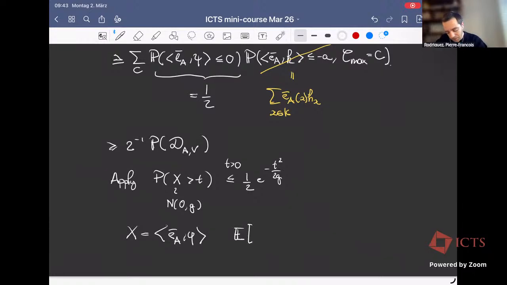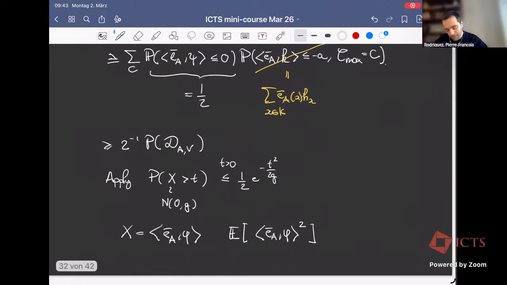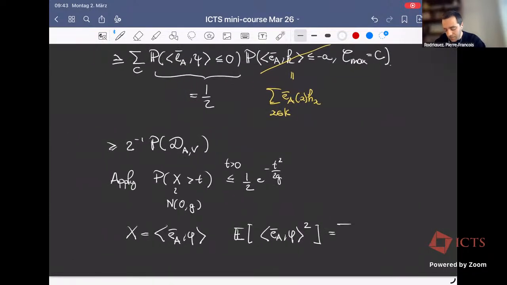So we need to compute this thing. This is the variance because it's centered. Okay, so what does this give you? You get a double sum, right? You get e_A of x, e_A of y. It's normalized, so I need to divide by the capacity squared.